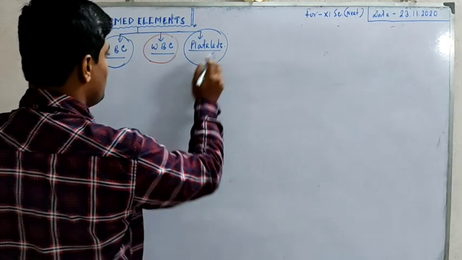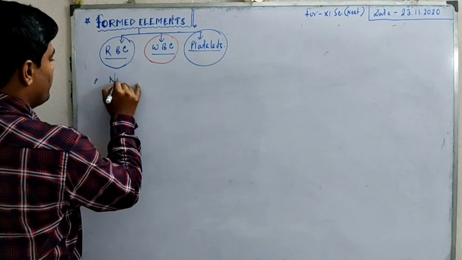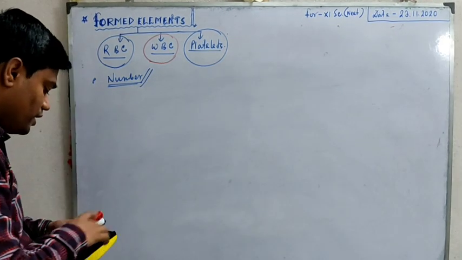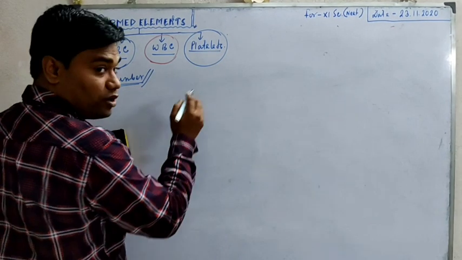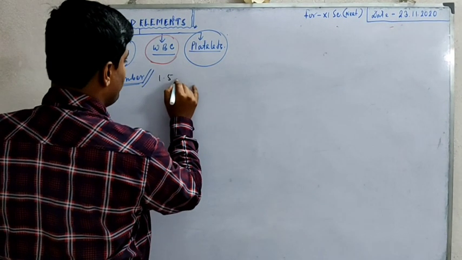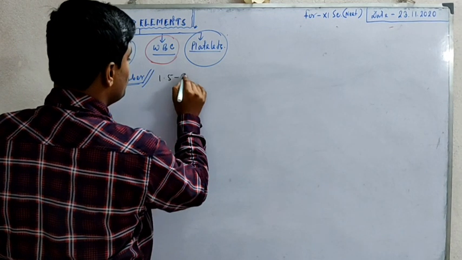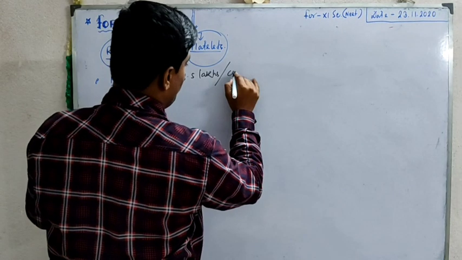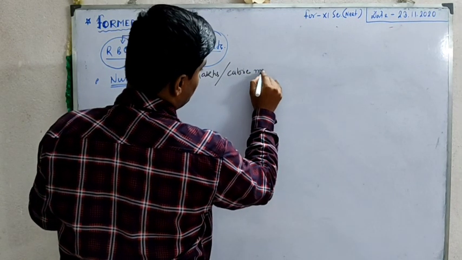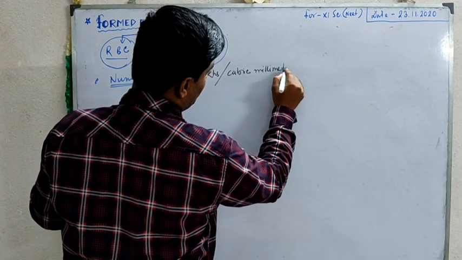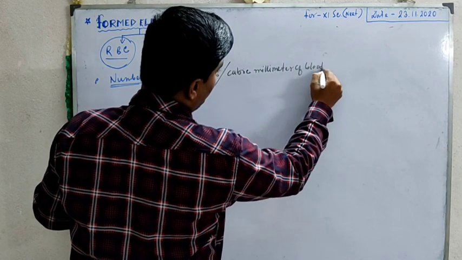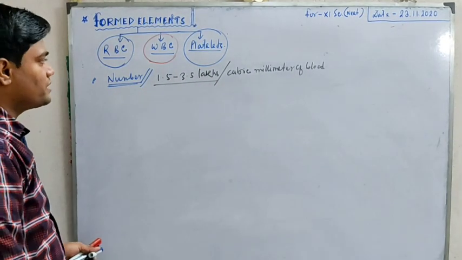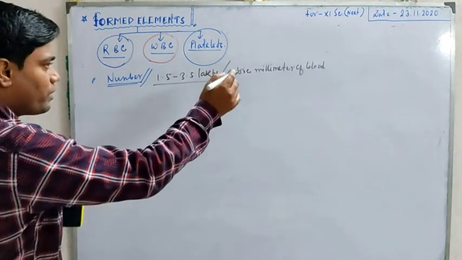First, the number of platelets present in our blood is 1.5 to 3.5 lakhs per cubic millimeter of blood. In our blood, 1.5 to 3.5 lakhs platelets are present per cubic millimeter. Okay.